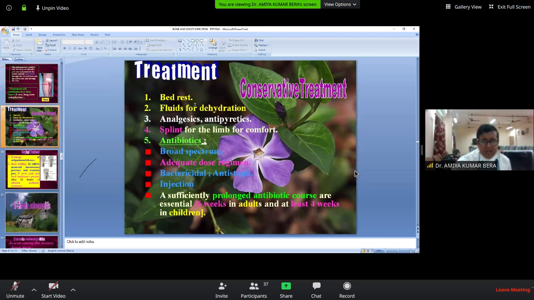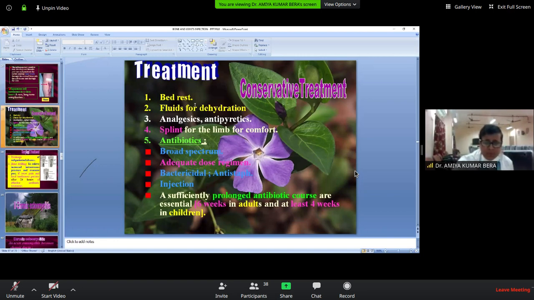Next is whether broad spectrum or narrow spectrum. Usually broad spectrum, because we do not know which antibiotic the organism is sensitive to and what the causative organism is. However, 90% of cases are Staph aureus.